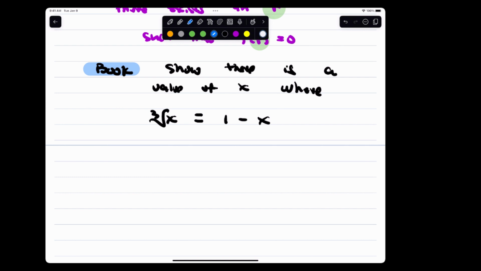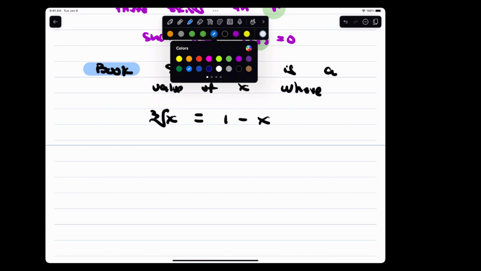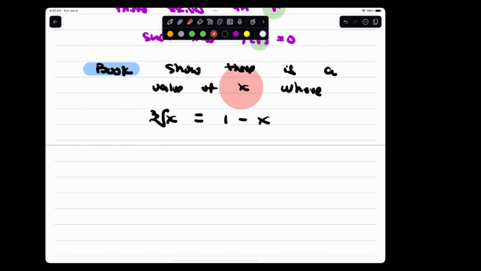In other words, x is not a root here, but simply a solution to the equation, and it has to be in the interval 0, 1. Show there is a value of x where, that's just code for saying you have a solution to the equation.